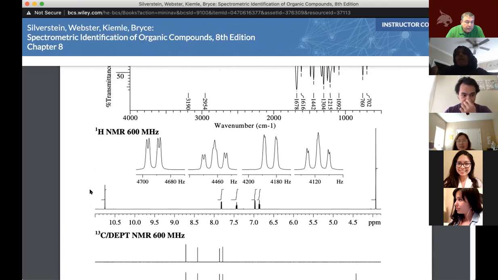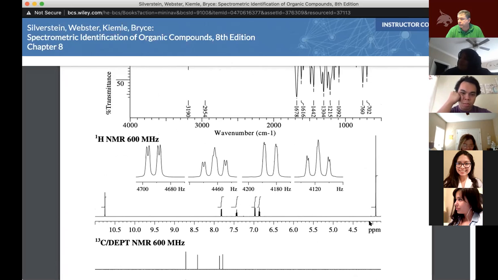We have a peak way up here at about 10, so that could tell us aldehyde or carboxylic acid. And we have a single peak down here. So let's see, 1, 2, 3, 4, 5, 6, 7, 8. It looks like we only have 8 hydrogens represented in our proton NMR. So we currently have C11H20.